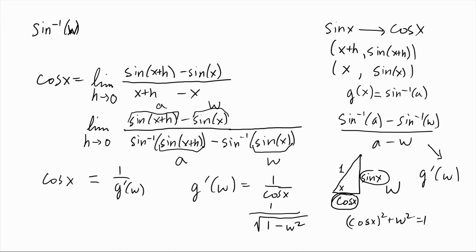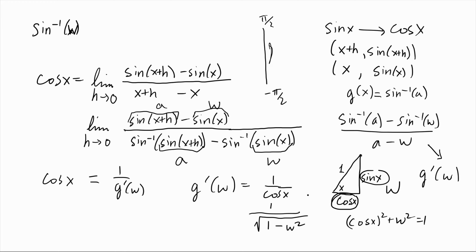But realize how things are restricted with sine. If this x is referring to an angle, the angle is between negative pi halves and pi halves. And notice that when we're in that range, the cosine x output is going to be positive anyhow.